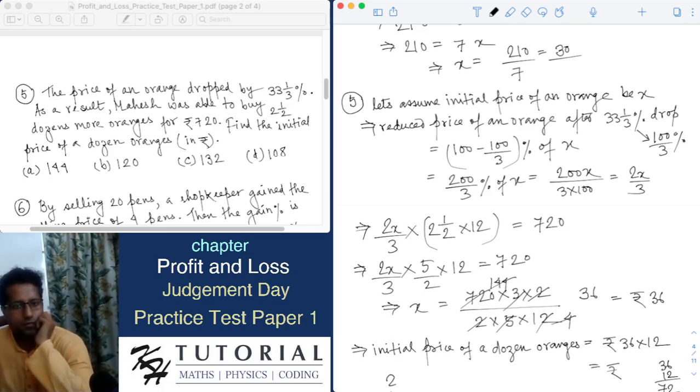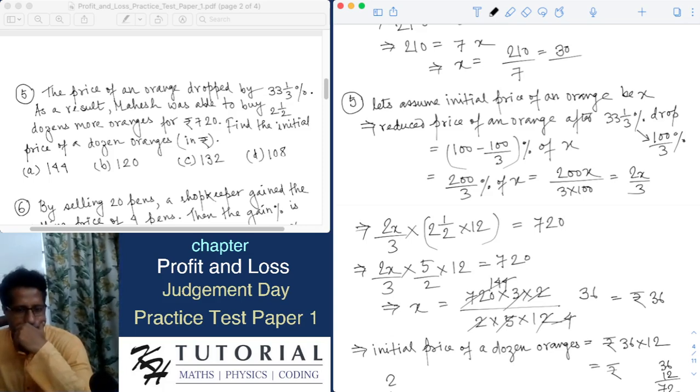As a result, Mahesh was able to buy 2.5 dozens more oranges for rupees 720.